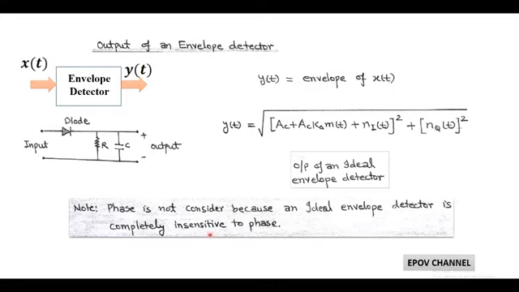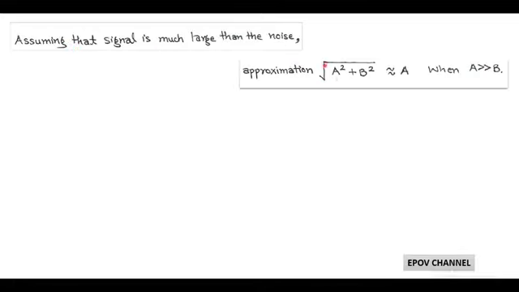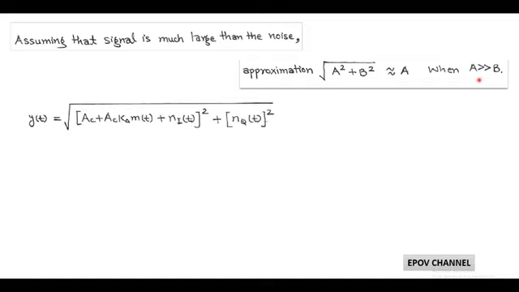And for our convenience and understanding, we assume signal is much larger than noise. Then we can use an approximation, that is square root of a² + b² is approximately equal to a when we consider a is far greater than b.